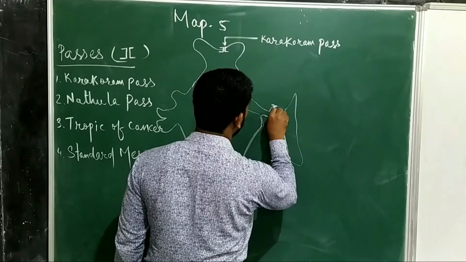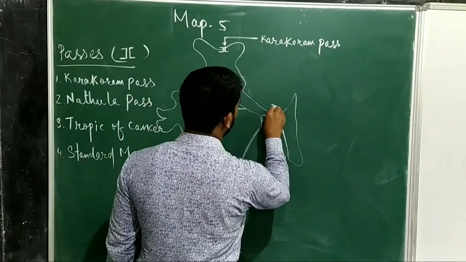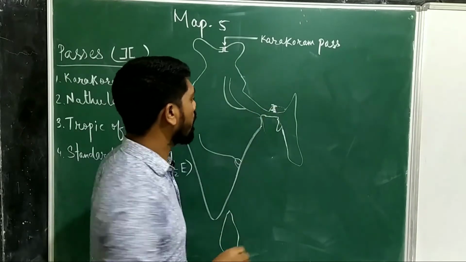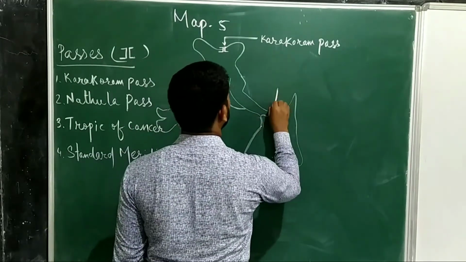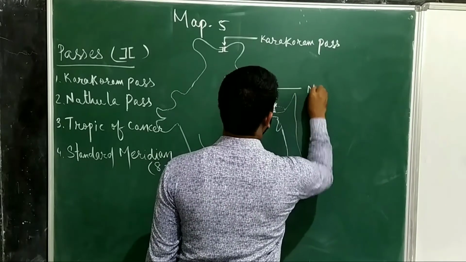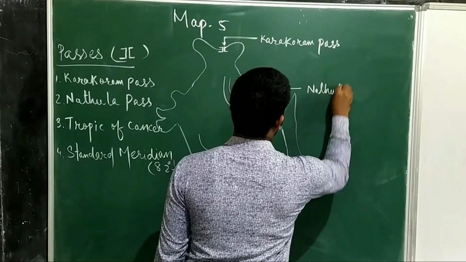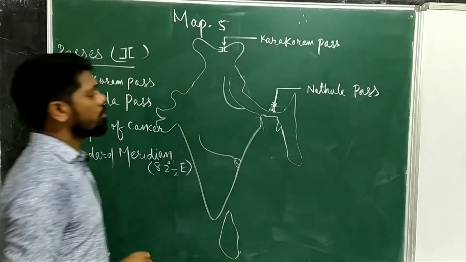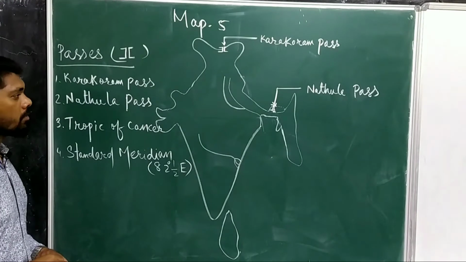Very carefully, at the border of India and Bhutan, you have to make it and write Nathula Pass. Okay, so this is how the passes are marked.